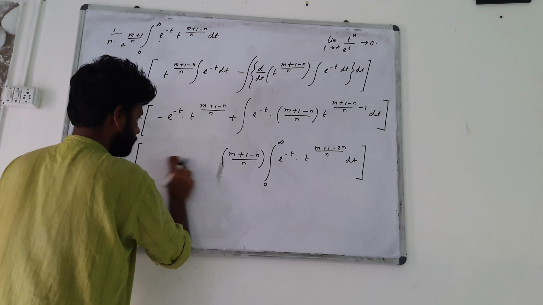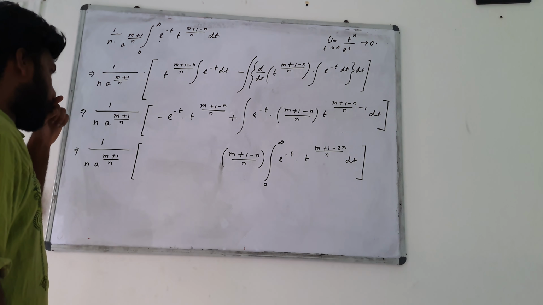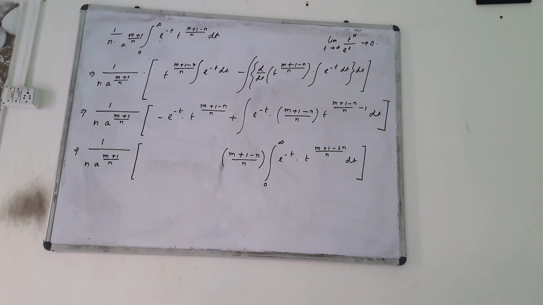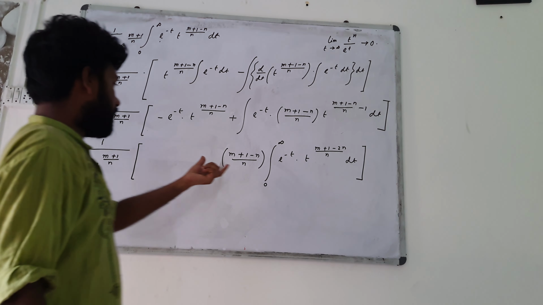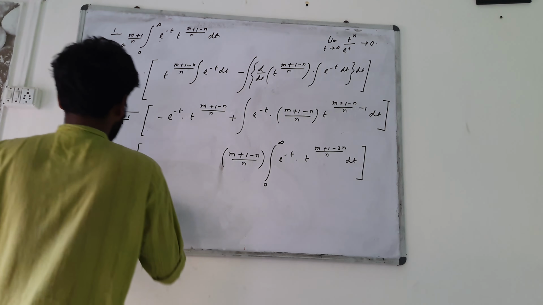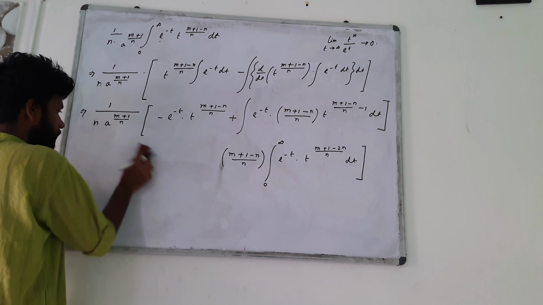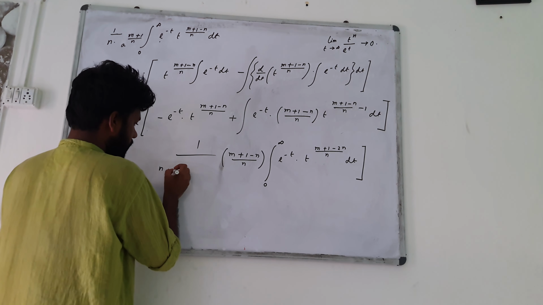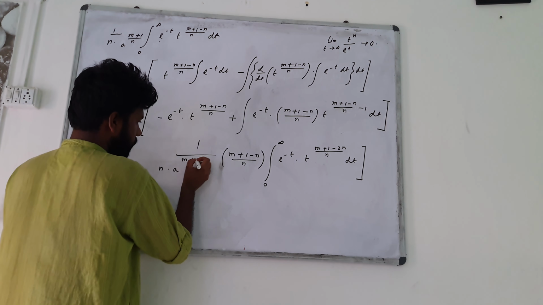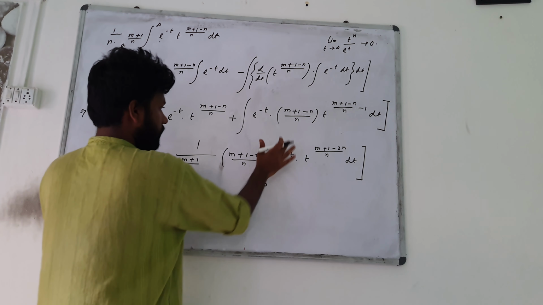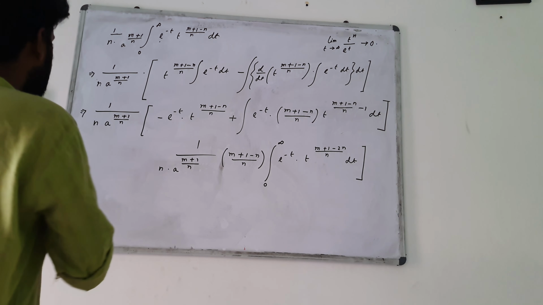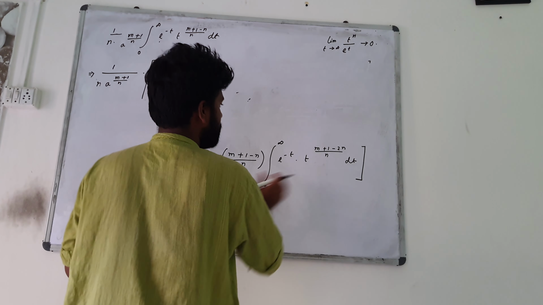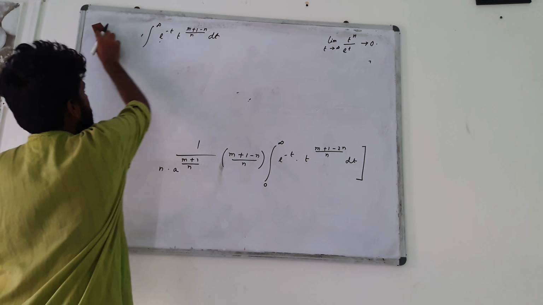So ultimately it is 1 by n into a to the power m plus 1 by n and this thing. Now I will proceed further to evaluate this thing in the same way.